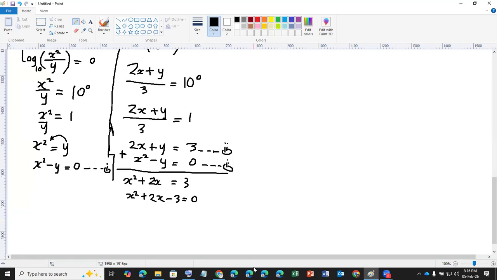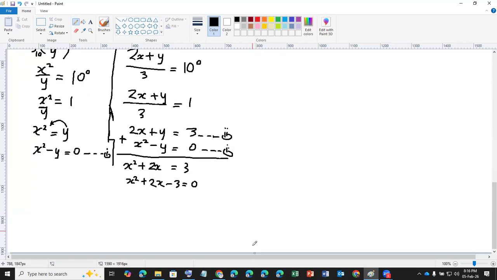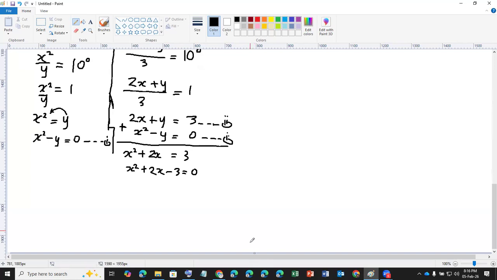Yes, sir. Okay. So the requirement is that the coefficient of x squared must be 1. Has that condition been met in this case? Yes. It has, exactly, good.